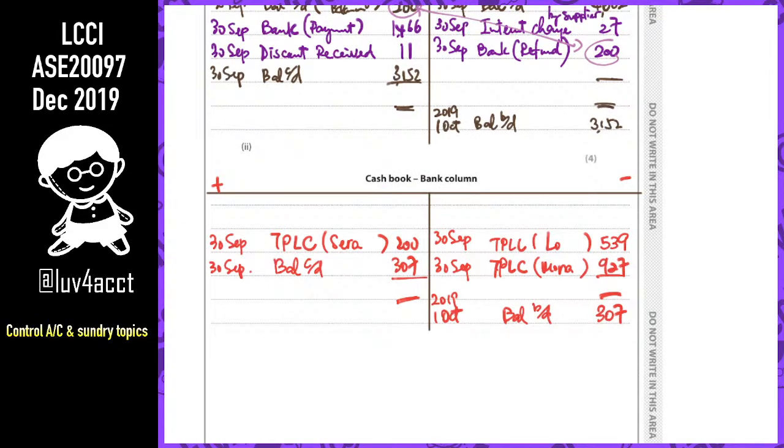Lola here. And afterwards, you have to calculate how much opening balance you have. 539, 927 minus 200 minus 307. That is, you have an opening balance of 959. Let me calculate one more time to make sure it is correct. Wait, no, it is not.